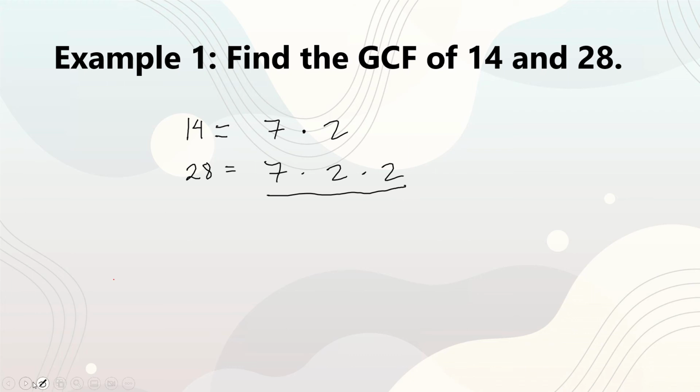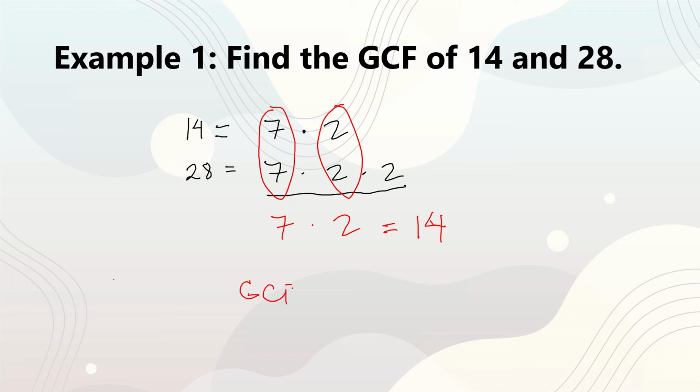That would be 7 and 2. Then you bring it down and find the product, 7 times 2, so the answer is 14. So that means the GCF here is 14.